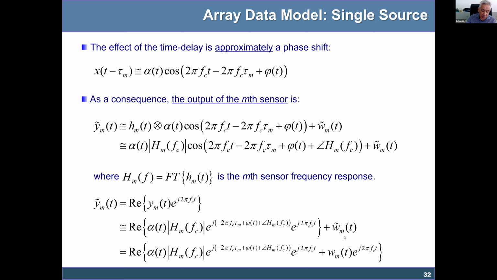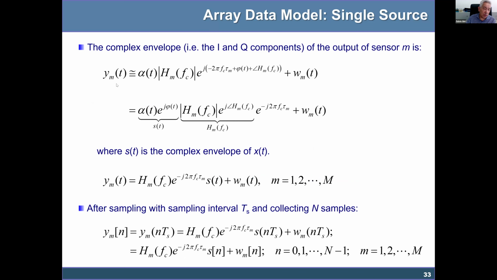Also the noise can be represented through its complex envelope. W tilde is the real noise, and W is the complex envelope of the narrowband noise. In other words, the complex envelope under the narrowband assumption can be expressed in this way.